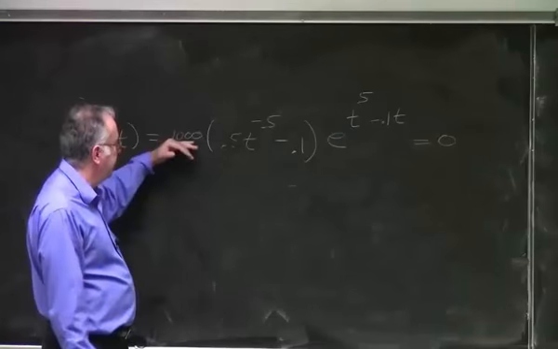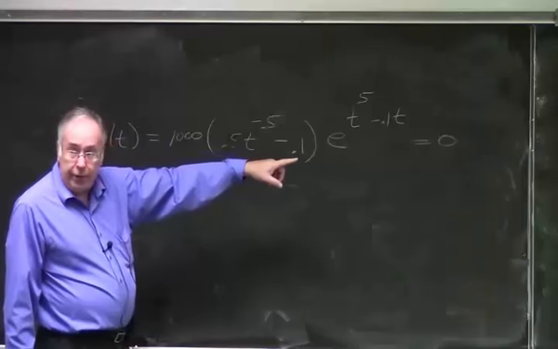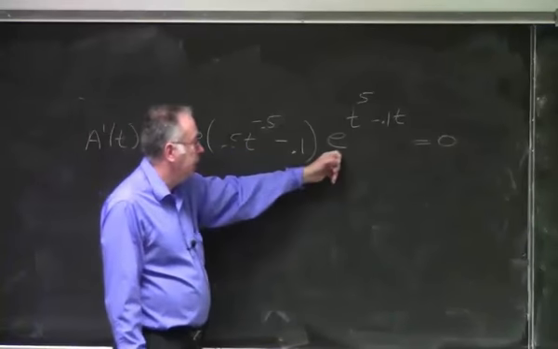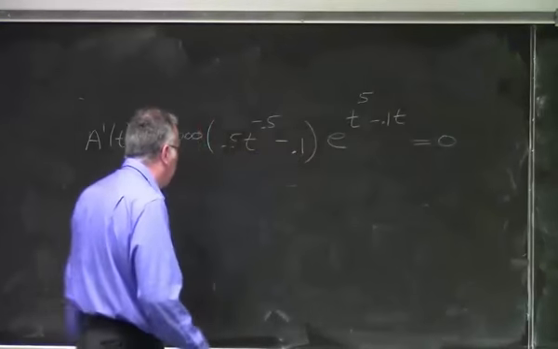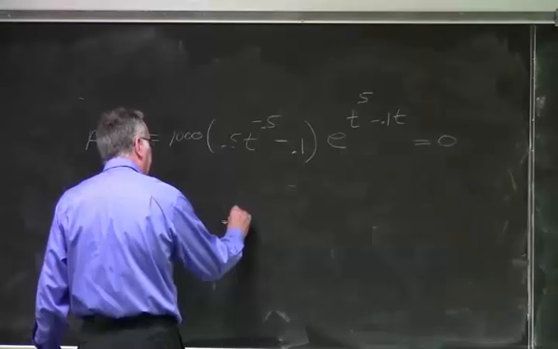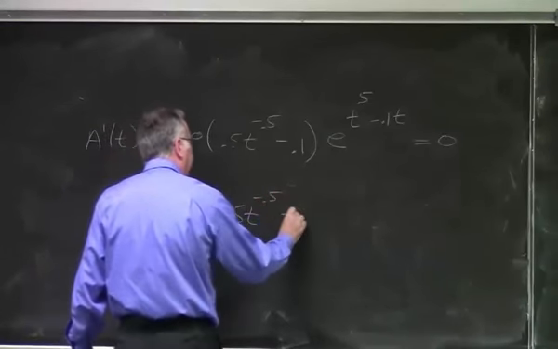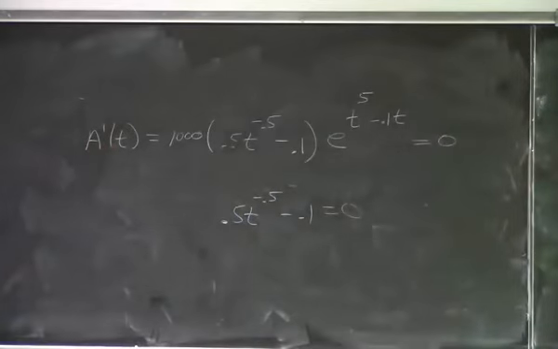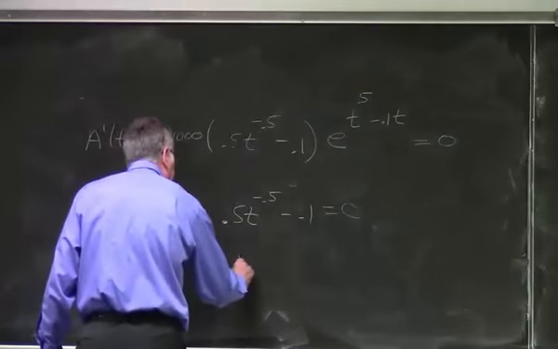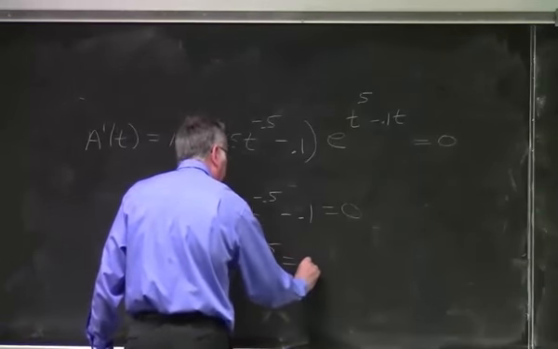Okay, you could divide both sides by 1,000. 0 divided by 1,000 is still 0. On the right-hand side, you could divide both sides by this expression, get rid of this. So the only way this is going to be satisfied is if 0.5 t to the minus 0.5 minus 0.1 equals 0. Or we get 0.5 t to the minus 0.5 equals 0.1.